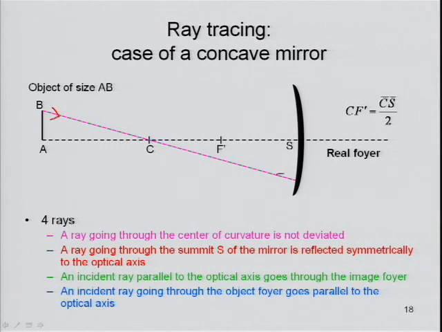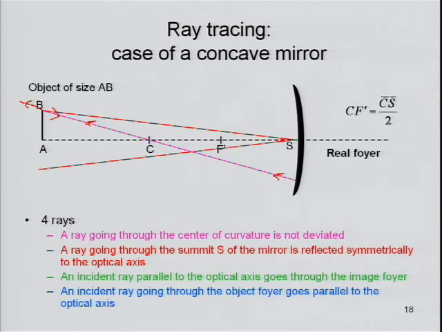It's going to be reflected in this direction, but it's going to keep going and maybe continue on this side. The second ray, a ray going through the summit S prime of the mirror, is reflected symmetrically to the optical axis. So this is the first one.